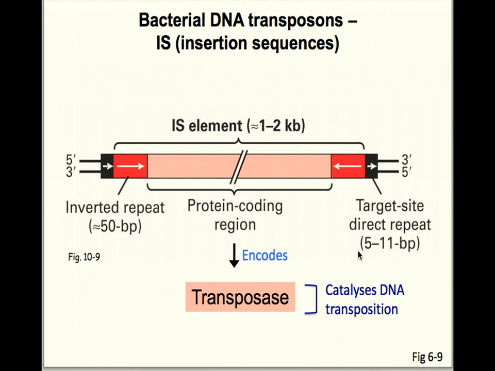Then the transposase can cut this out, so that you end up with the DNA where the transposon used to be and this circle of the gene for transposase. And then it can get moved somewhere else.